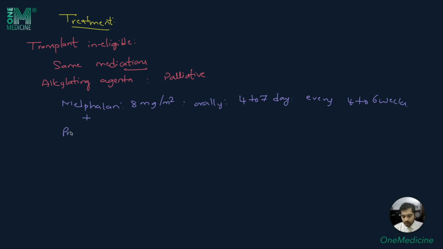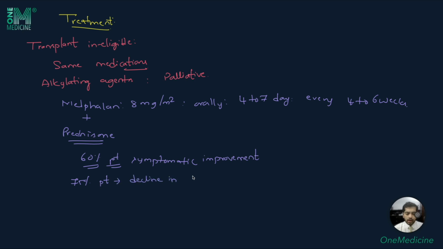This is given along with prednisone, and this usually gives a response in about 60% of the patients, where they see a symptomatic improvement, and about 75% of the patients also see a decline in M component. Adding bortezomib is shown to improve response to melphalan.